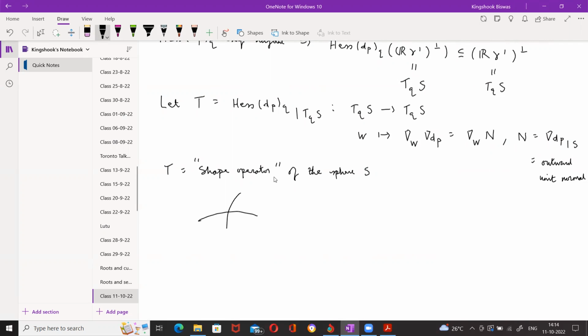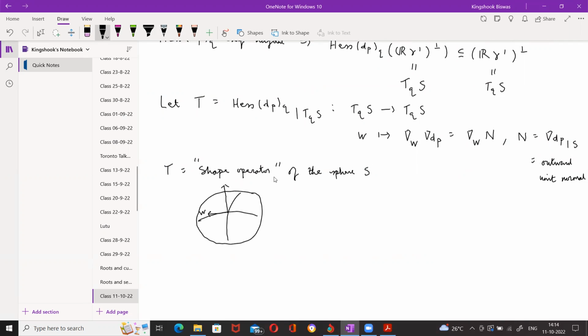So if this is a part of the sphere, and suppose this is the normal, and say W is a tangent vector to the sphere.